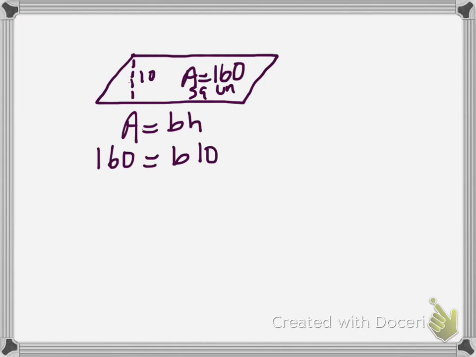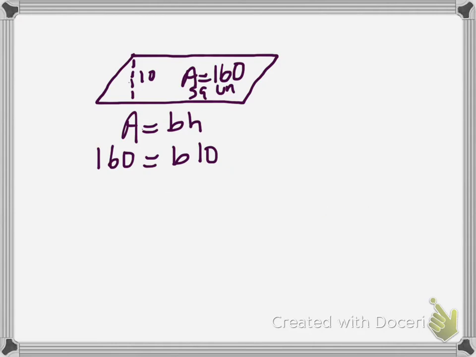Now, this looks maybe a little bit funny to you because we have a variable in front. Luckily, we know the commutative property. With the commutative property, the order in multiplying does not matter. So b times 10 is exactly the same as 10 times b. So feel free to rewrite all that so that it looks a little bit nicer to you if that's helpful.